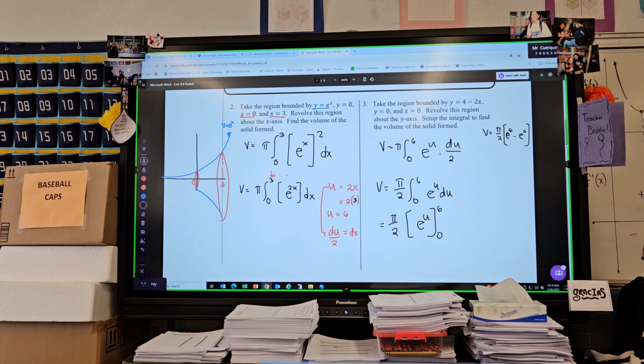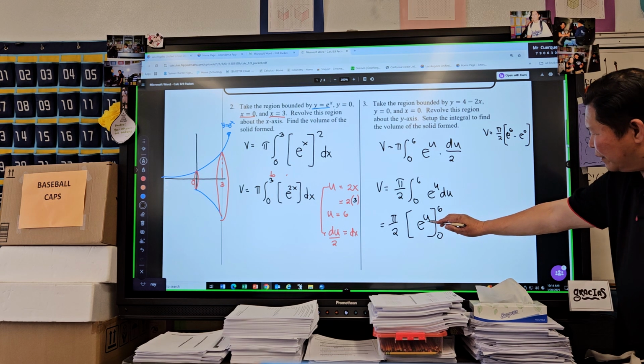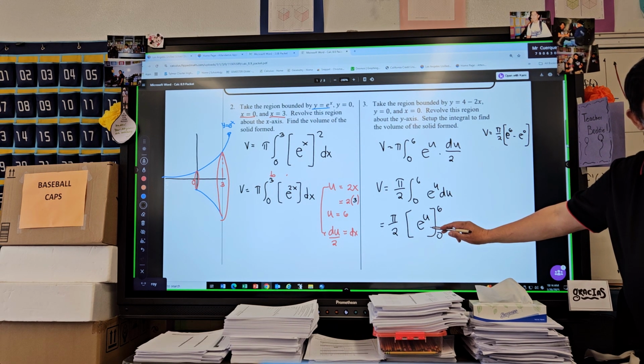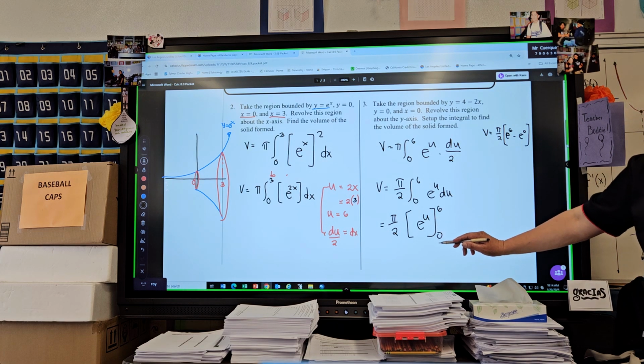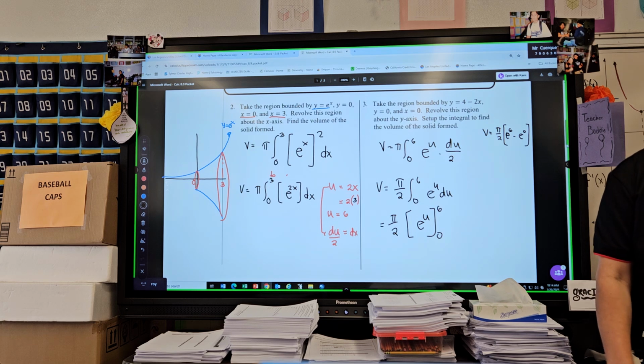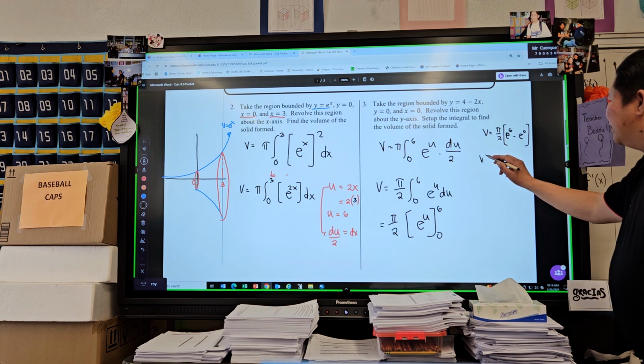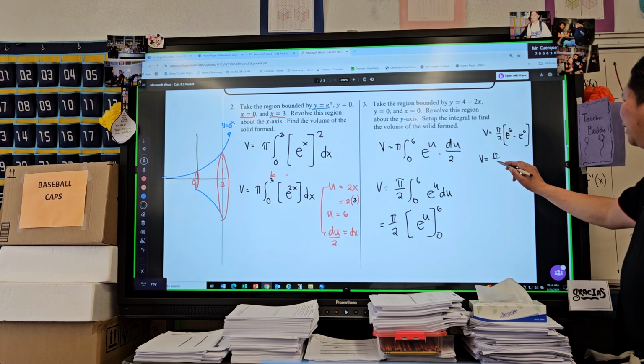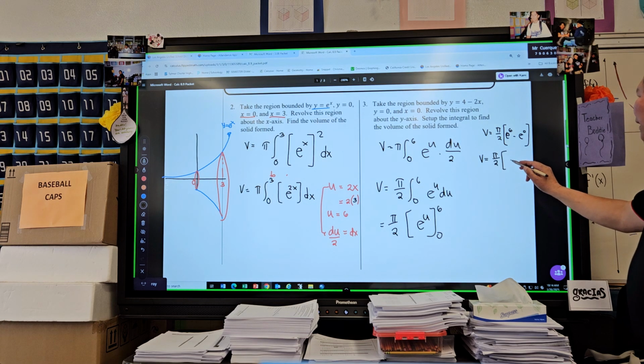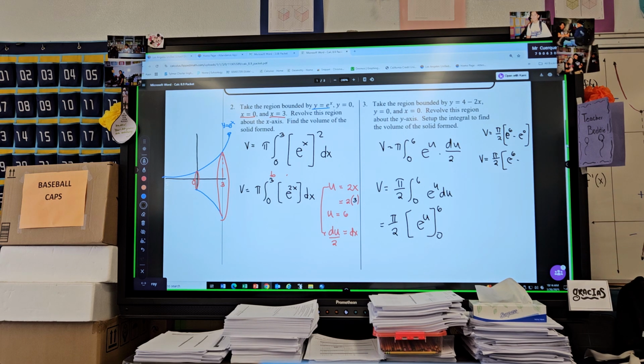Is u equal to 2x? Or u equals 6? What do you mean by 2x? We are now integrating this, so just plug in the values. We'll do that later. Now, have this first. Volume is equal to pi over 2, and then e to the power of 6 minus what?